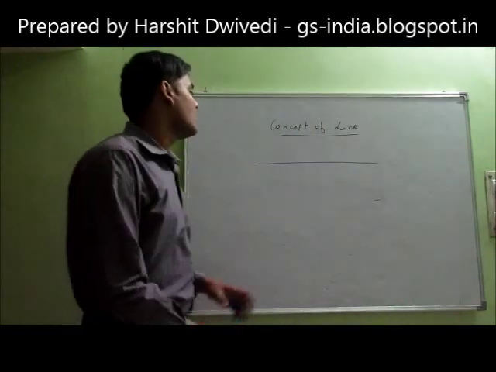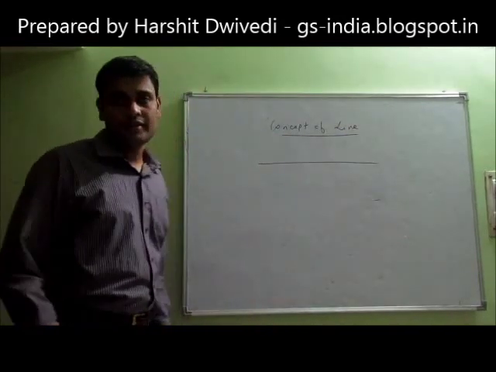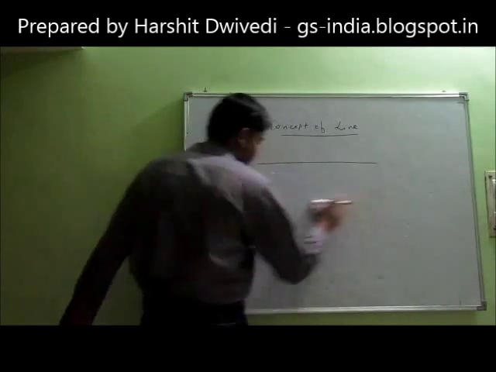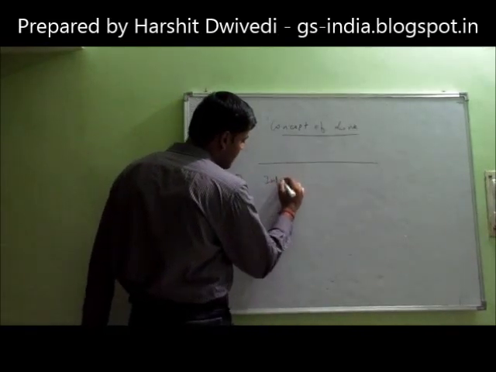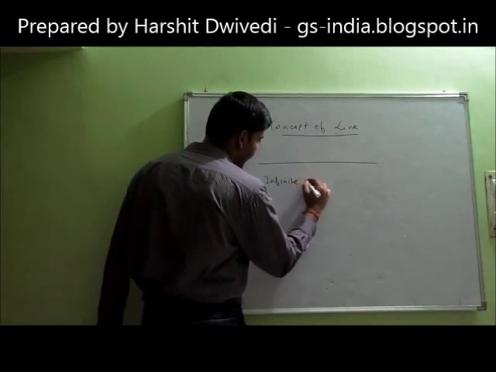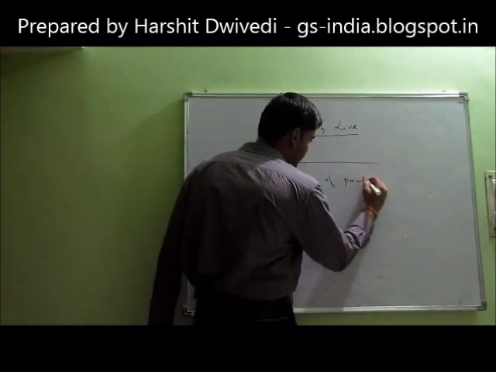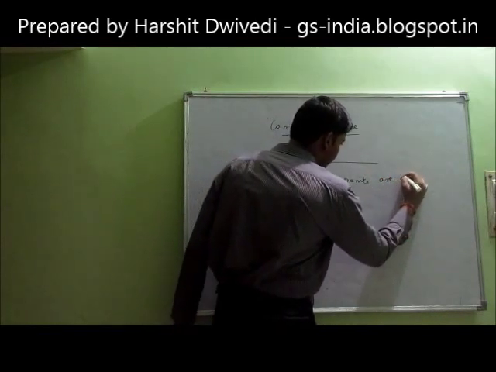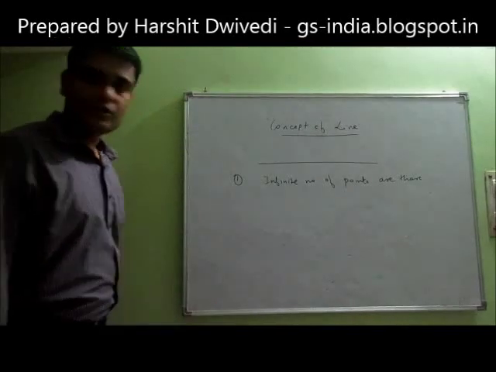Now, in this straight line, there are an infinite number of points. So the very first property of a line is that infinite numbers of points are there.